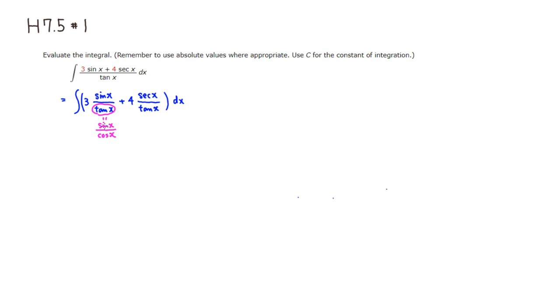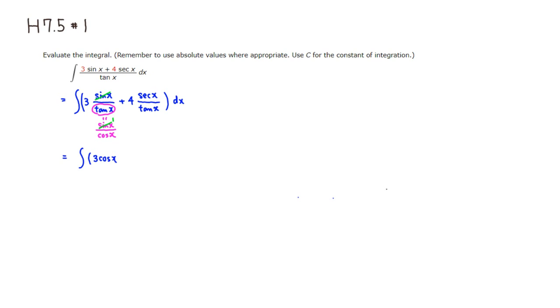Then we can cancel: there's a sine on top and a sine on the bottom. So you have 1 over cosine on the bottom, which means this is simply going to be 3 cosine of x.